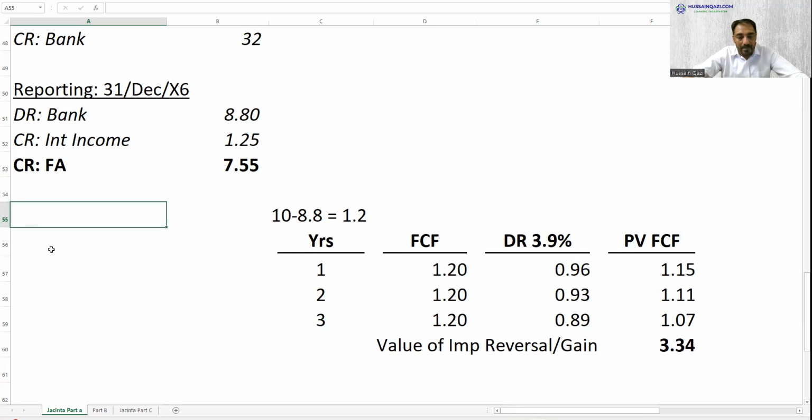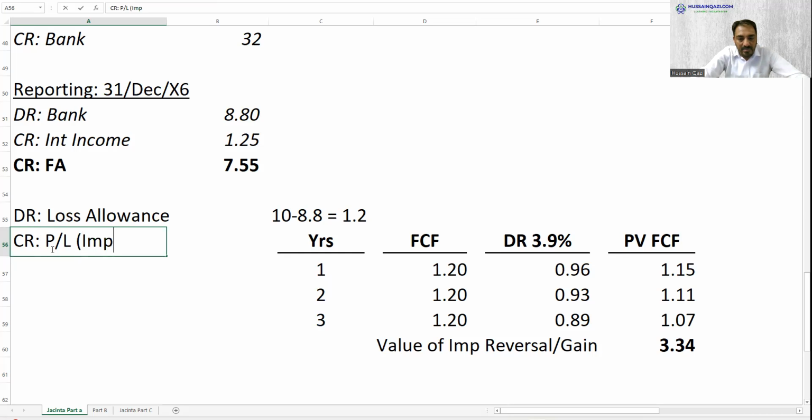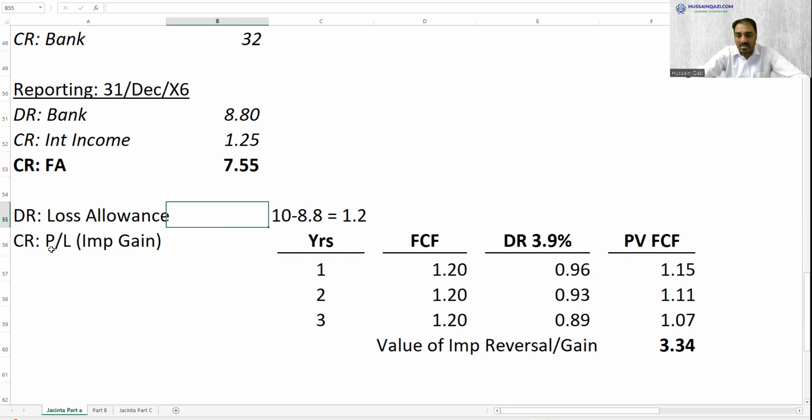How to account for the impairment gain? Debit loss allowance and credit profit and loss account. That's the impairment gain. Sir, there are no previous impairment losses here. No worries about that.